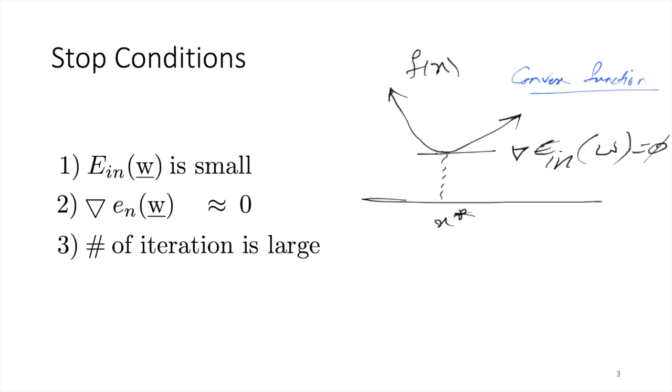That perhaps shows we are already in a local or global minima, so that's another stop condition. And the third one is like you're just running it forever and you get tired, so you say, I'm just going to stop because I don't want to run this any longer. So the third one could be that the number of iterations is too large, or you set an upper limit and say, after, I don't know, 10,000 iterations, I'm just going to stop. So these three could be your stop conditions.